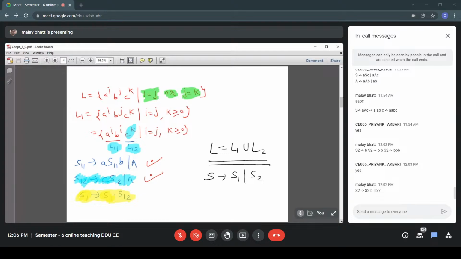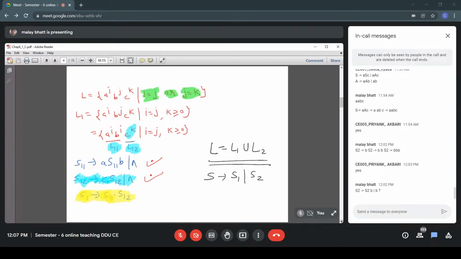Right now, we are just discussing the L1 language. Then we'll discuss also the L2 language. So as you can see, for L11, it is A raised to I, B raised to I. So we are writing S11 gives A S11 B or null, because I equal to J. So both A and B can be null also.